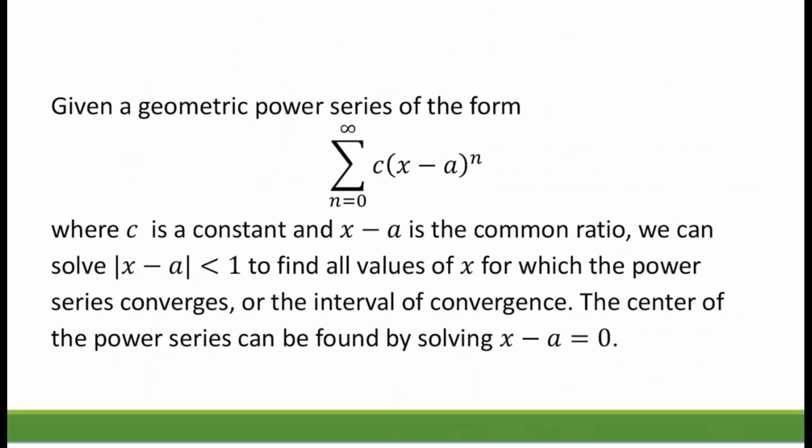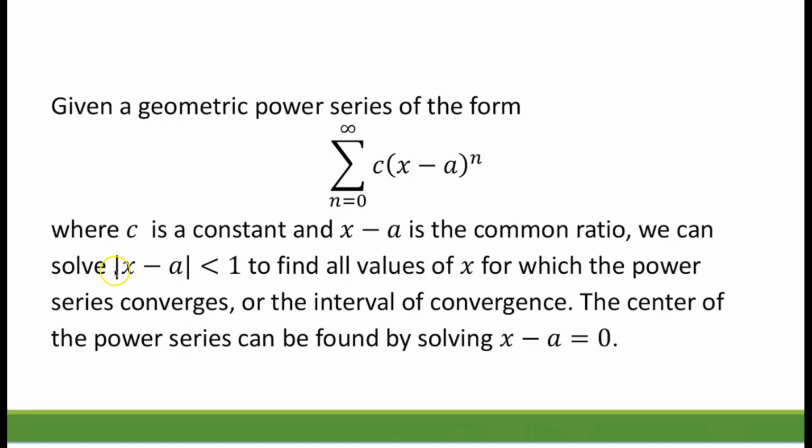To continue wrapping our minds around the idea of a power series converging, we're going to focus on geometric power series. So given a geometric power series of the form the sum of n equals 0 to infinity of c, some constant, times x minus a to the n, c is a constant, and x minus a is the common ratio, the r value.